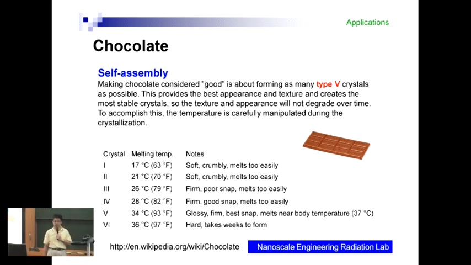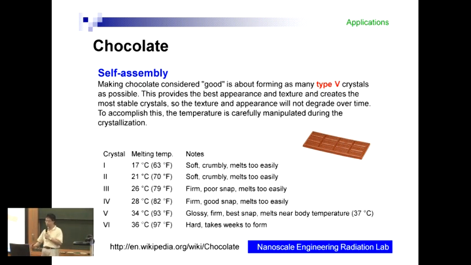But if you melt it, let's say you put it in a pocket, or during summertime you have chocolate in your bag, and later on you find it melted. And then you say, okay, I'll just put it in the refrigerator and it will freeze back.